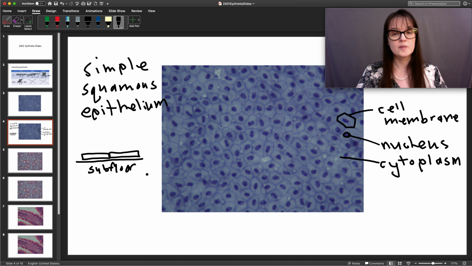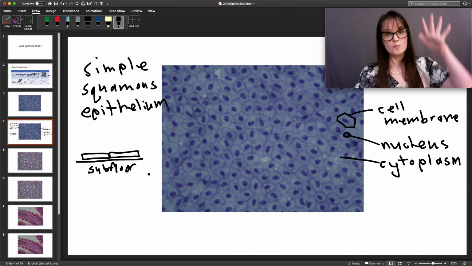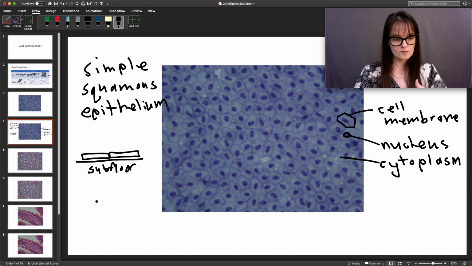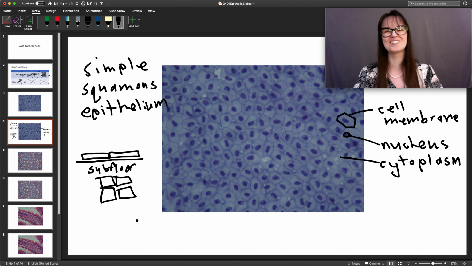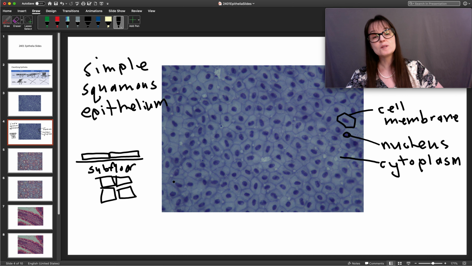So that would be the cross-section view, but when you look down at the tile floor, you're going to see, okay, I'm not drawing hexagons. Apparently I'm not drawing squares either. That's terrible.